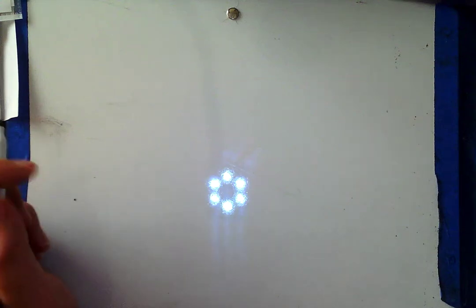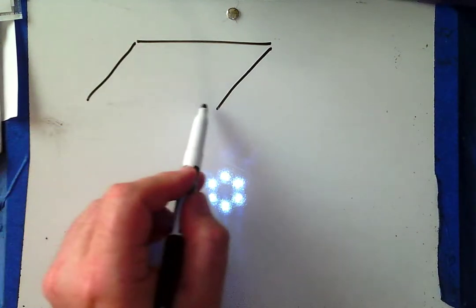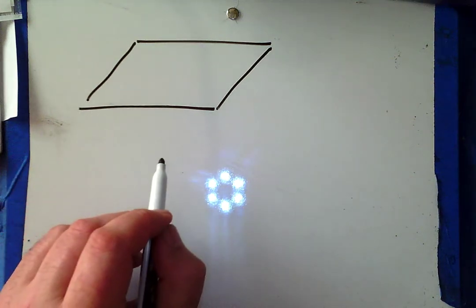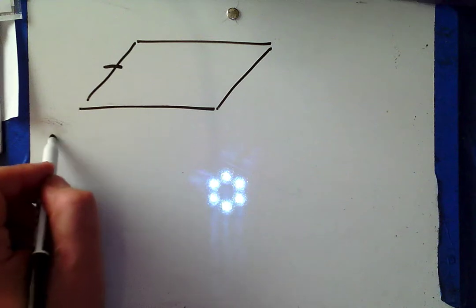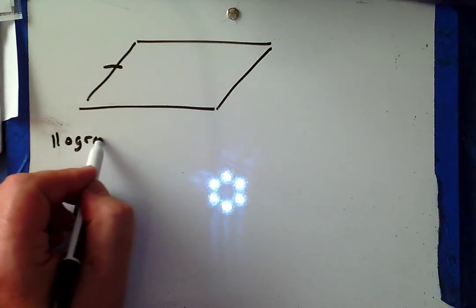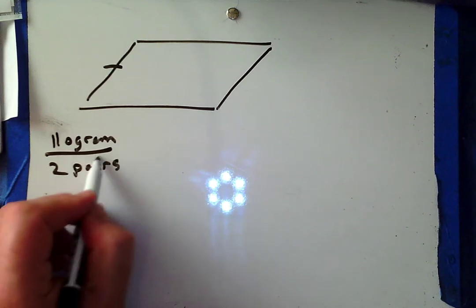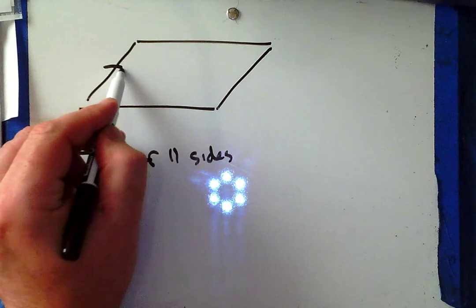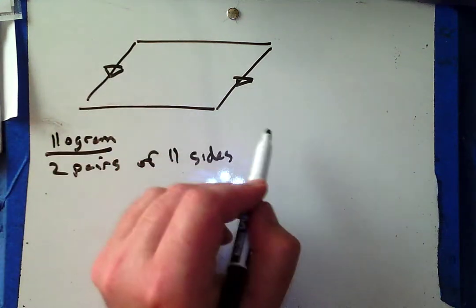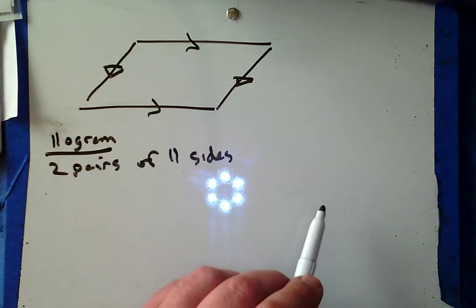I put some problems in the homework that deal with parallelograms, and I just want to go over some properties of parallelograms first. So a parallelogram, we know that it has two pairs of parallel sides. So we know that this side and this side are parallel, and we know that this side and this side are parallel.